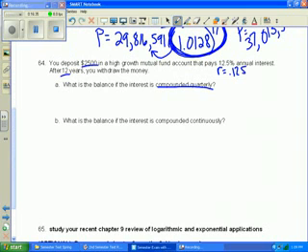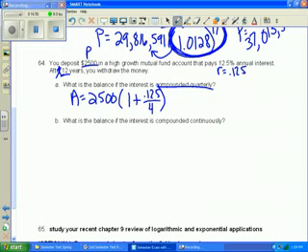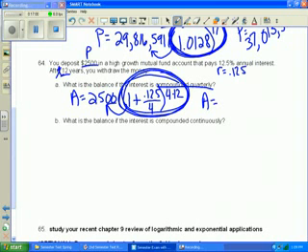So 12 years, there's my principal, there's my T. So it's pretty straightforward. 2,500, 1 plus my rate, divided 4 times over the course of 12 years. Do this portion first and then multiply it by 2,500. And so then that would make you 10,949.90.